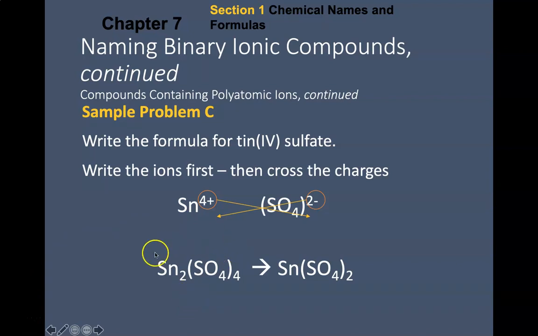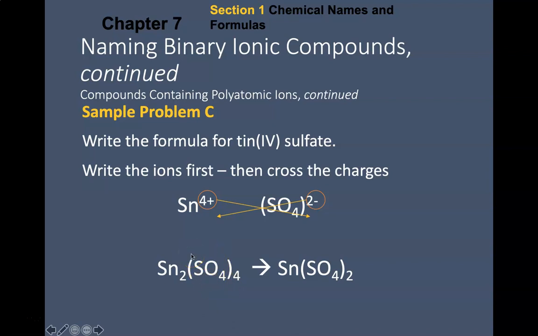Down here, I've gone ahead and rewritten that particular formula. Now, one of the things to note is that when we talked about chemical formulas at the beginning of this section, we said we had to write the most reduced form. Since these subscripts on the outside can be divided down, we're going to do that. Just be careful that when you do that, you don't divide the one inside of the parenthesis.